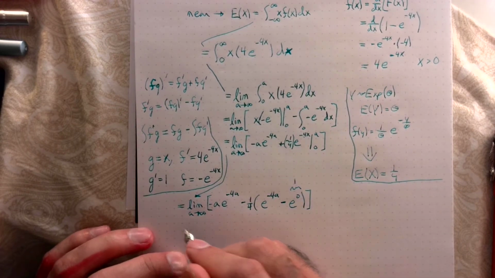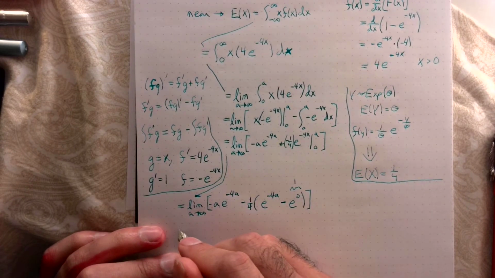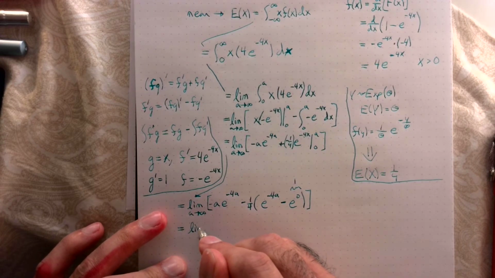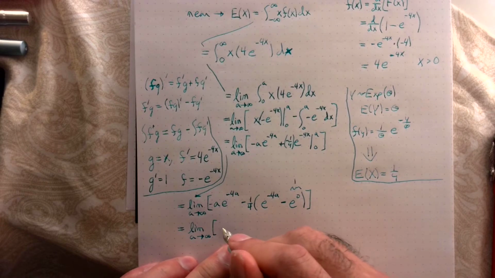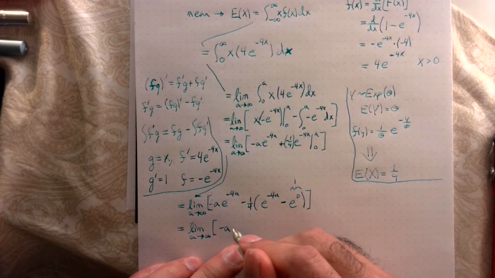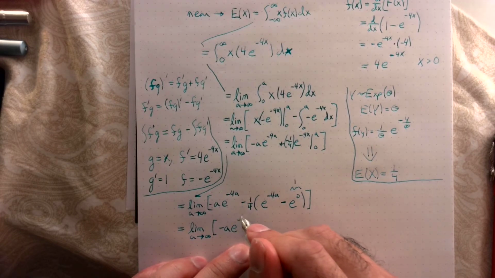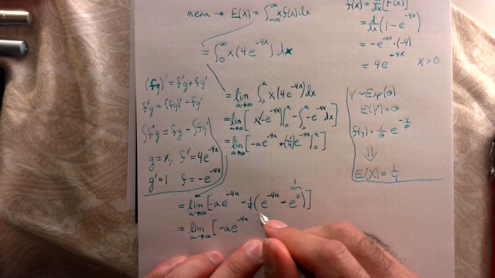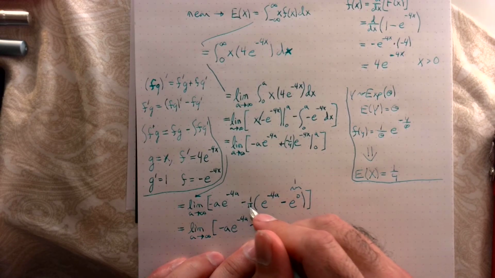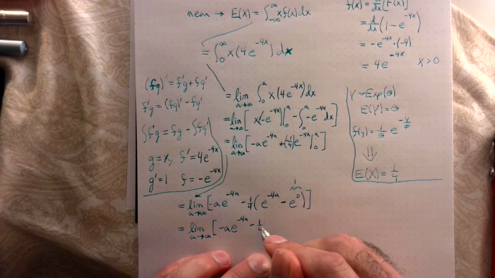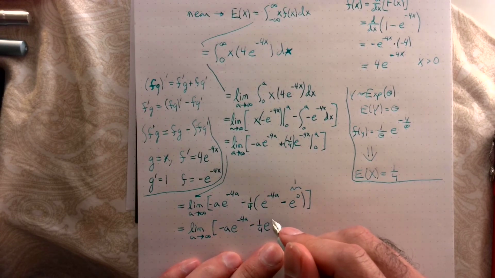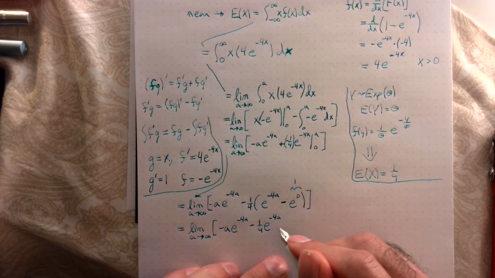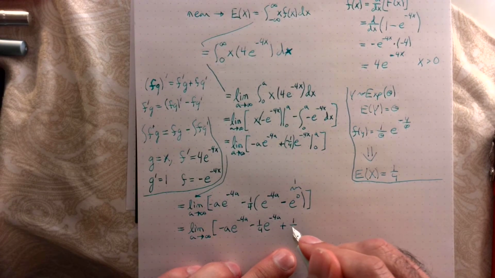So what are we going to have? We're going to have that this is the limit as a goes to infinity of minus a times e to the minus 4a. So this is minus 1/4 e to the minus 4a, and then this is going to be plus 1/4.